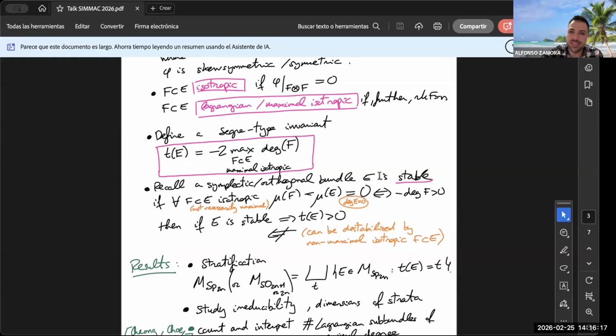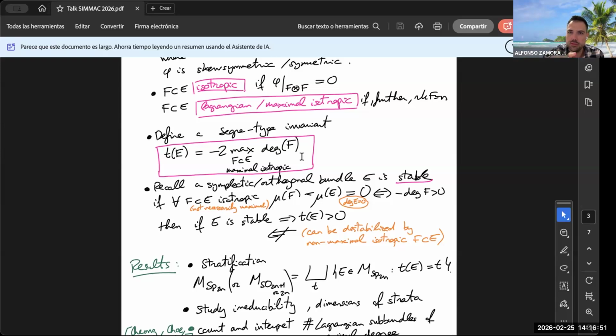We say that a bundle is stable if for every isotropic subbundle, not necessarily maximal, the slope of the isotropic subbundle is less than the slope of E. By construction, the degree of these bundles is 0, so this is equivalent to minus the degree of the isotropic subbundle being positive. Then if the orthogonal or the symplectic bundle is stable, this Segre-type invariant is positive, but not the other way around.